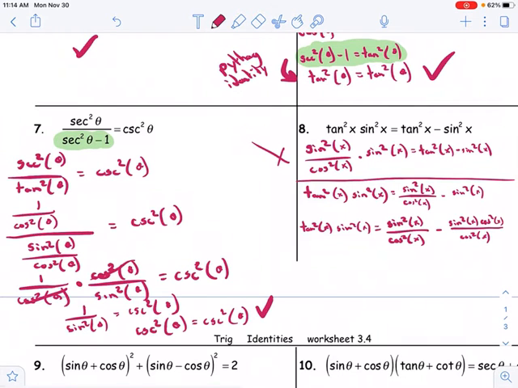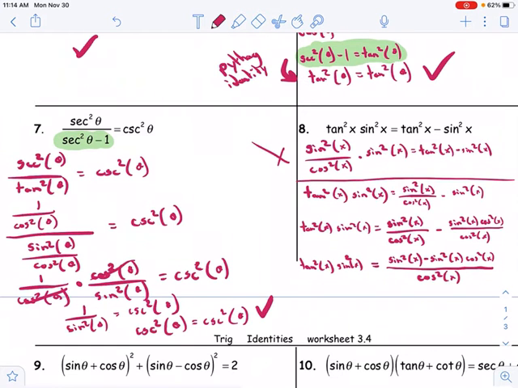So now I'm here. My denominators are the same, so I can actually combine this into a single expression. And what I actually might do also, actually no, let's just write it first. End up being here, divided by cosine squared x. Still trying to prove the left-hand side that it equals this.